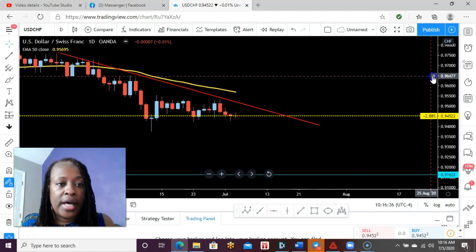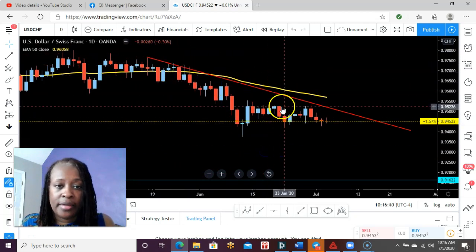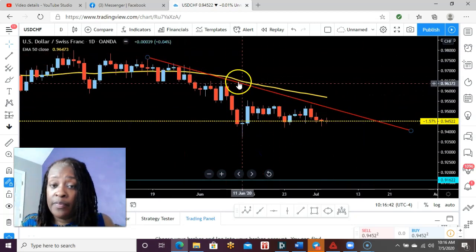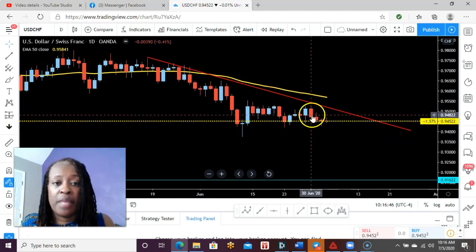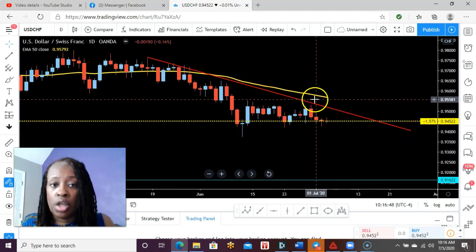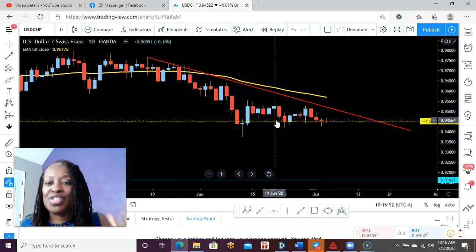Why? Because price has respected this trend line, meaning price did not break it and close. So what are we still in? We're still in an overall bearish market for the daily.